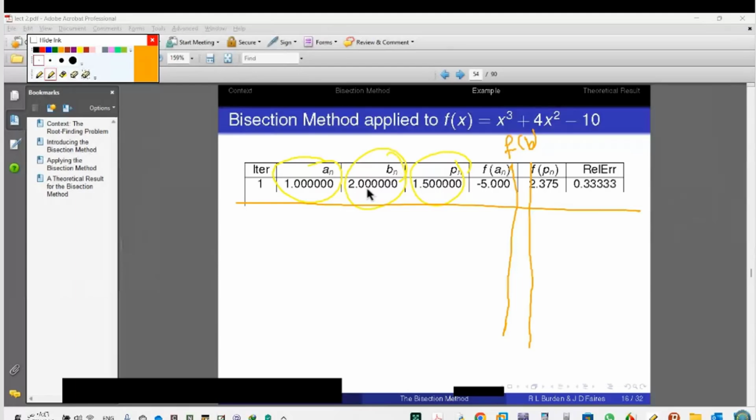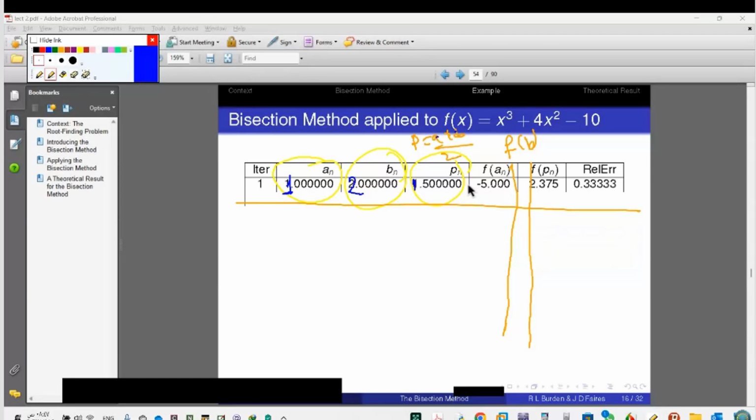So we have P here, which is (A plus B) over 2. How can we calculate this? We start with A. A is 1, B is 2, 2 plus 1 is 3 over 2, it's 1.5.